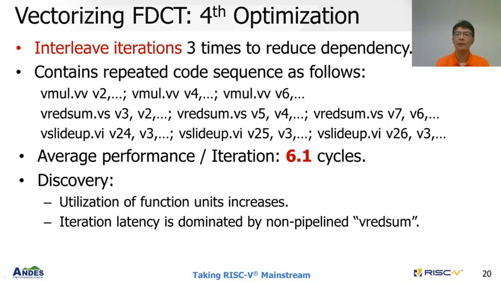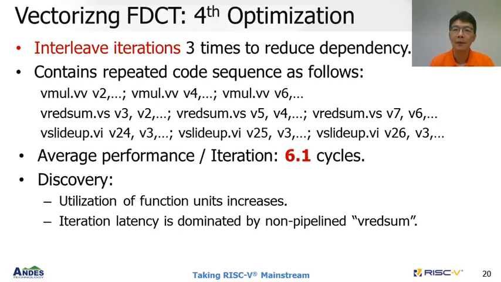To increase the vector units overlapping, the developer decided to reduce the instruction dependency by interleaving 3 iterations together. You can see the code sequences on the slide, and use additional 2 pairs of registers.